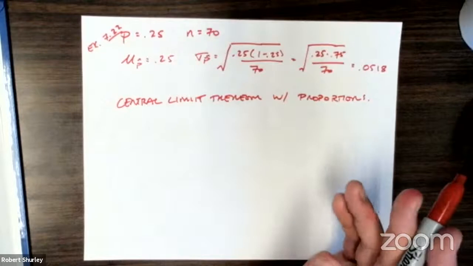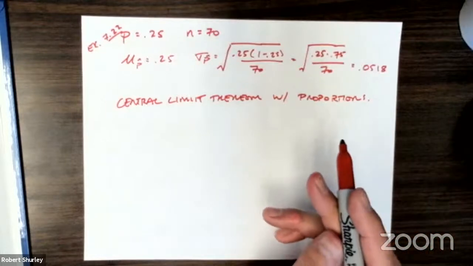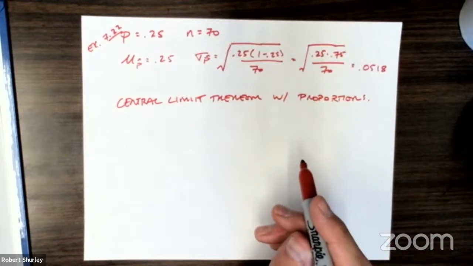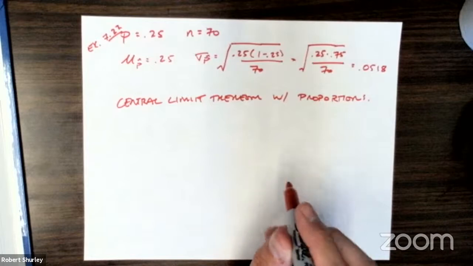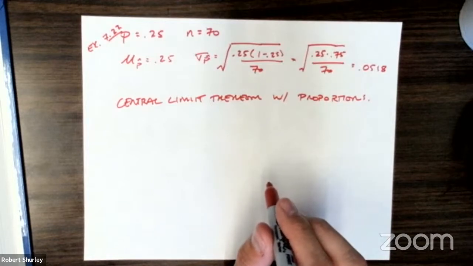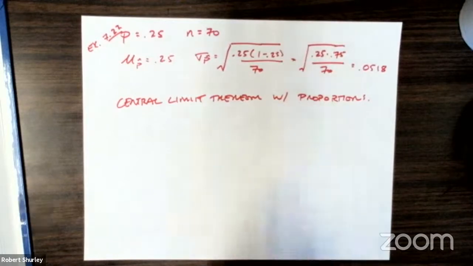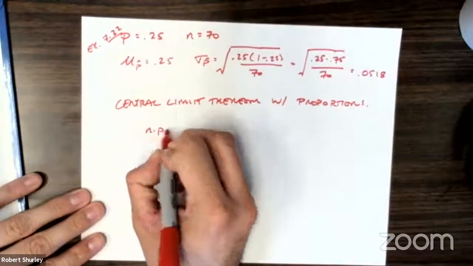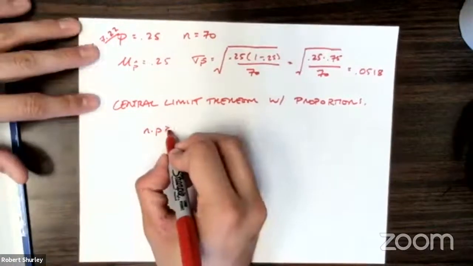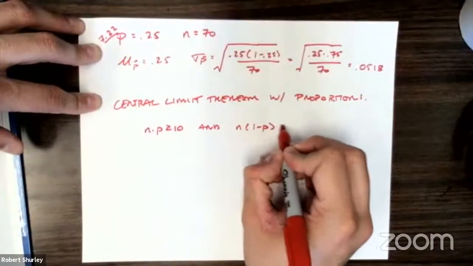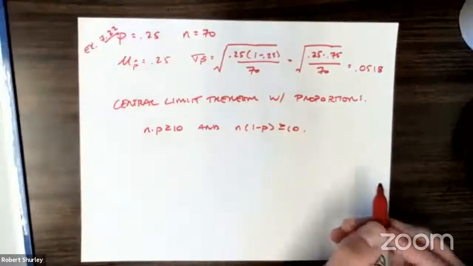Now, there's a few rules that your book goes over for this to be true. It says, look, this is on the middle of page 330. Let p hat be the sample proportion for a sample size of n and the population proportion p. n times p has to be greater than or equal to 10, and n times 1 minus p has to be greater than or equal to 10.